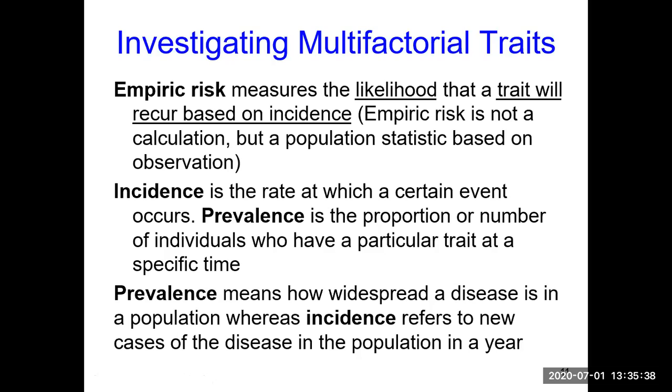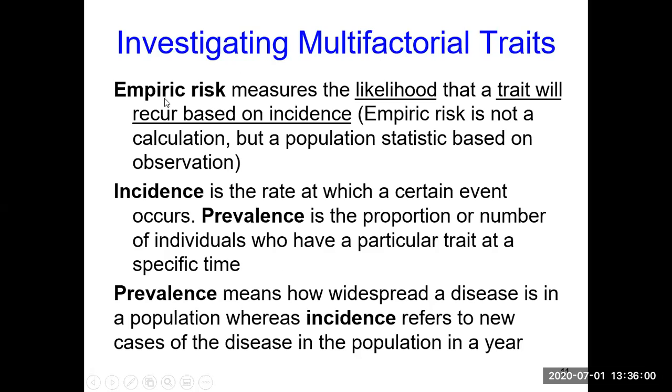What is the prevalence of COVID-19? While incidence would refer to new cases of the disease in the population in a year. So it hasn't been a year yet, but we can still calculate, okay, in these many months, these are the new cases of COVID-19 that would give you your incidence. While the entire count would be the prevalence.